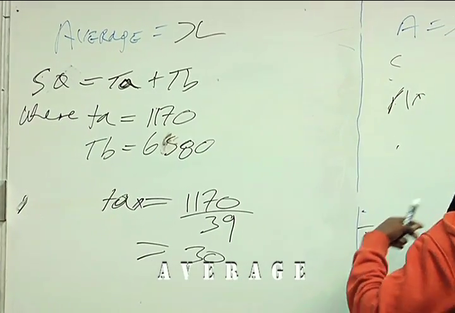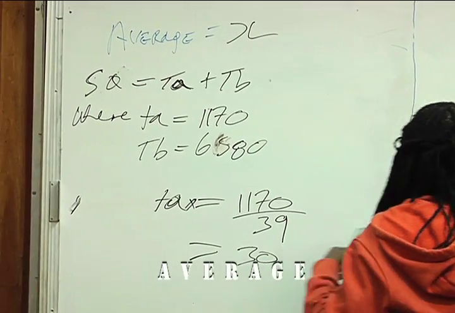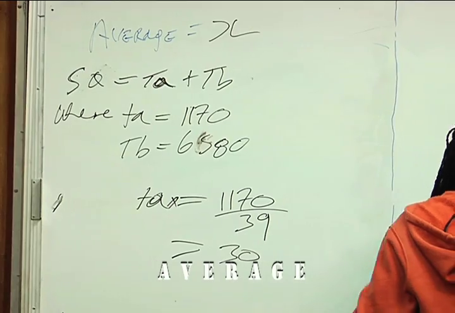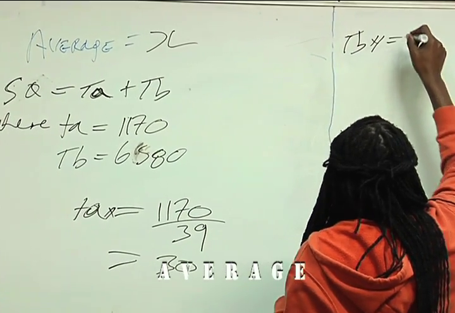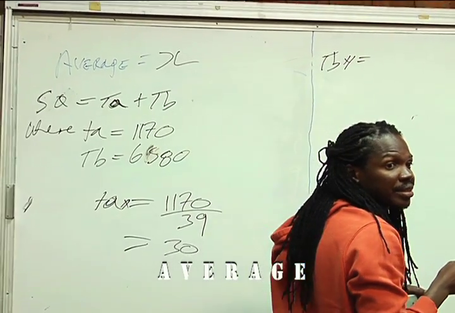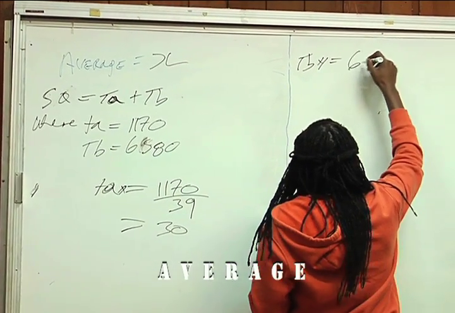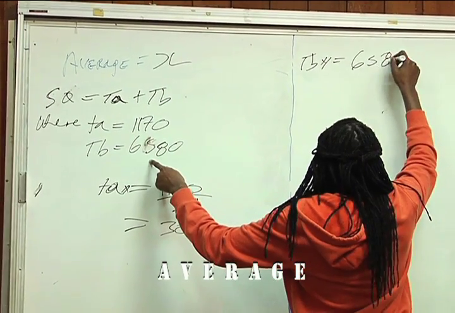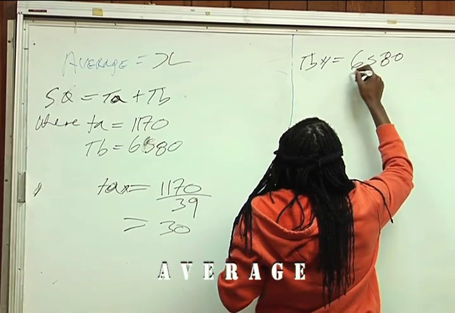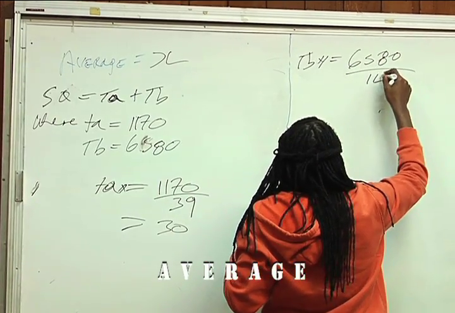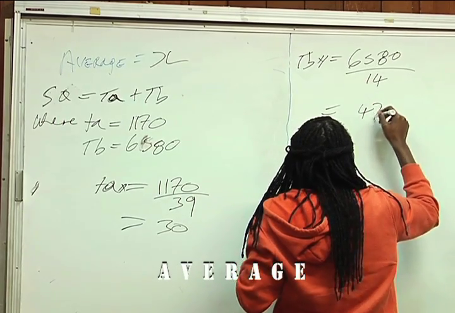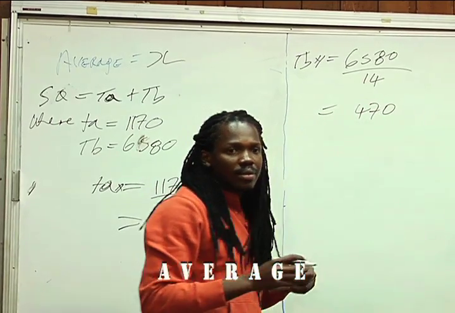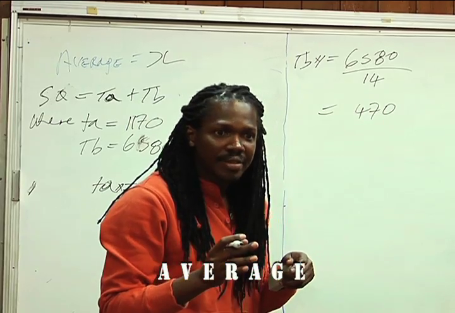Now for TB? TB number equal, what is the SQ for TB? 6580 over 14, equal 470. You now understand so far?